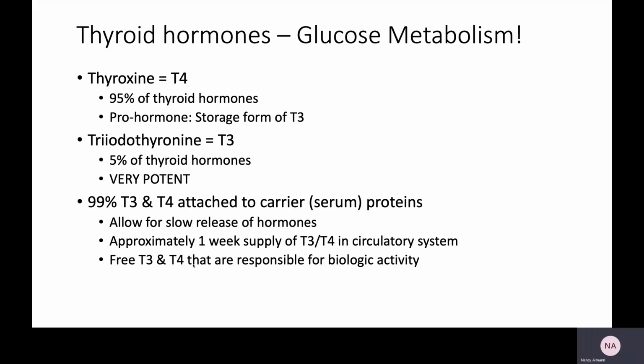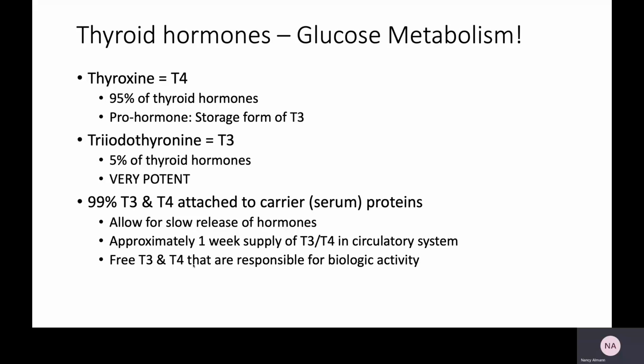It is extremely potent. So almost all of T3 and T4 attach to what are known as carrier proteins in serum. And this is going to be important because it allows for slow release of those hormones.